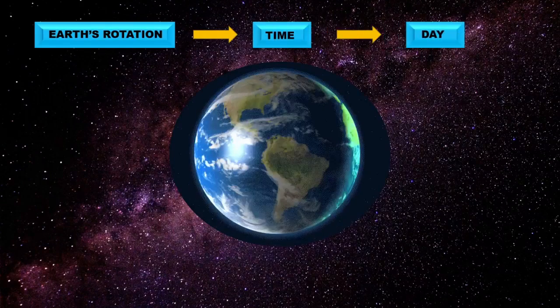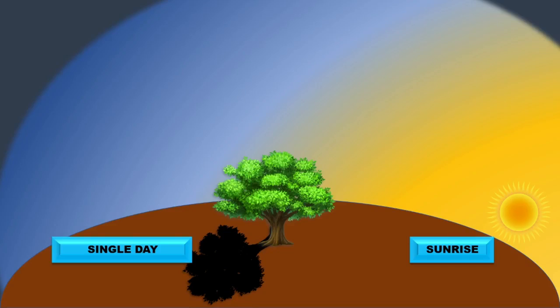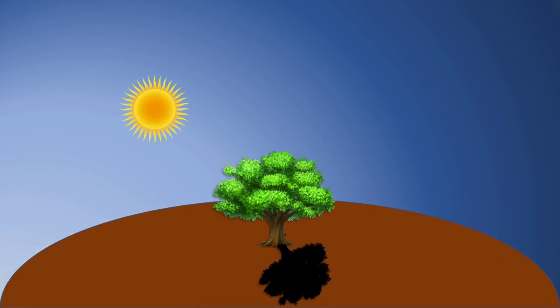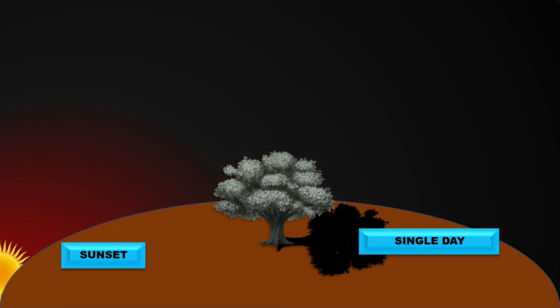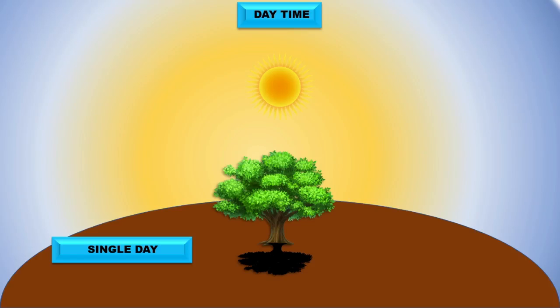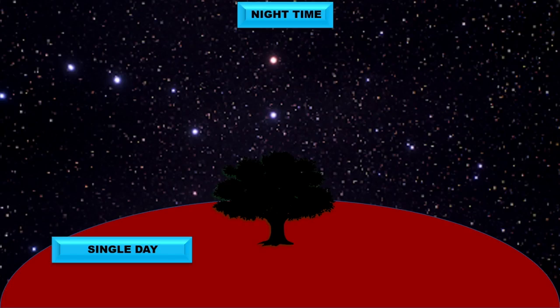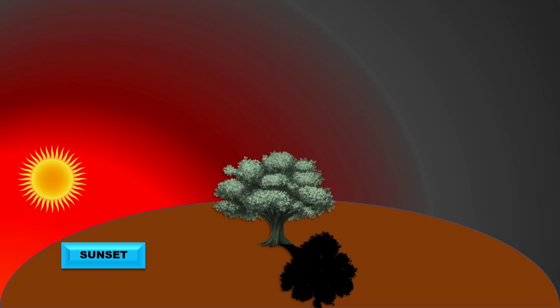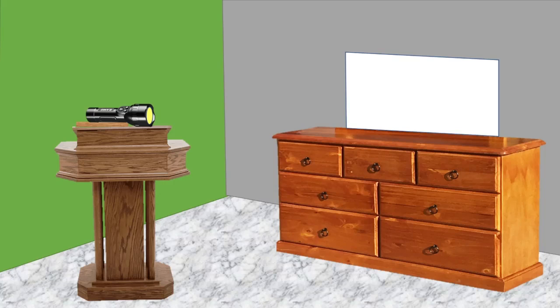During a single day, we experience different stages like sunrise, midday, sunset, as well as daytime and nighttime. To understand the changes in the location of sunrise and sunset on the horizon, let us carry out activity given in the textbook.